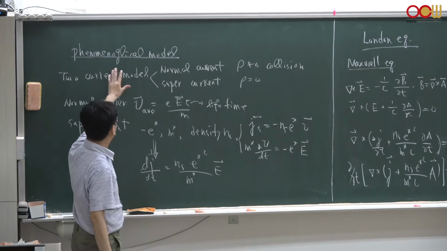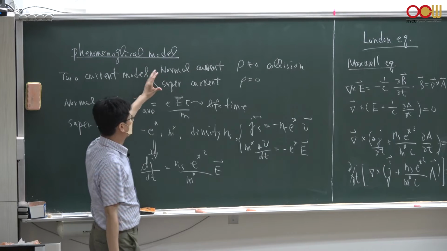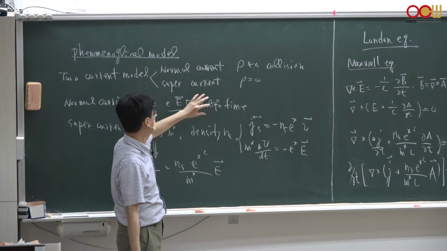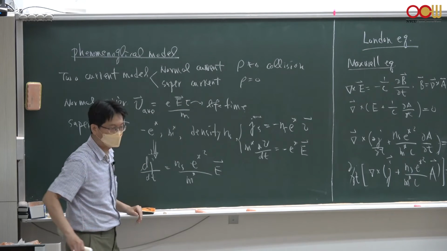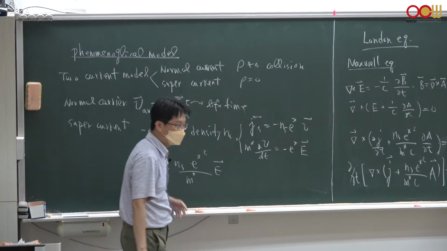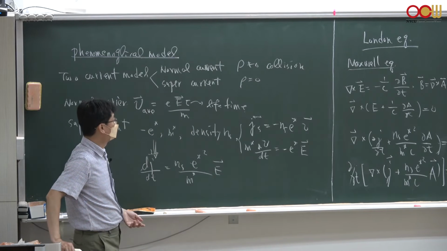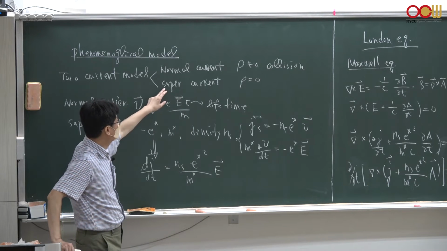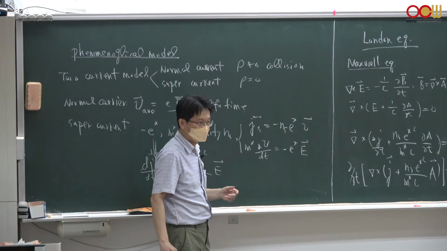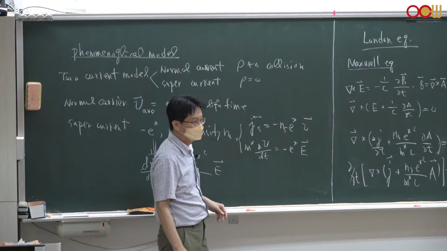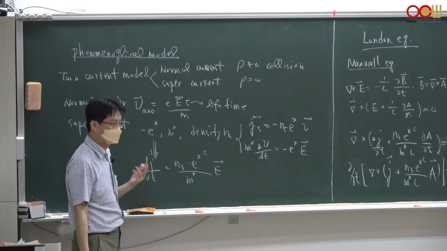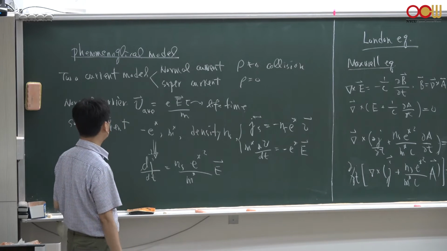Under such a model, we can imagine that for finite temperature T below Tc, we may have some normal current, where the resistivity is finite and there are collisions between electrons. And there's also a component called supercurrent, where there are no such collisions, which leads to zero resistivity. So both types of currents, or electrons, exist at finite temperature.